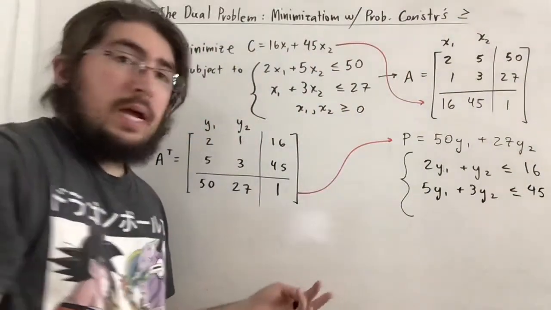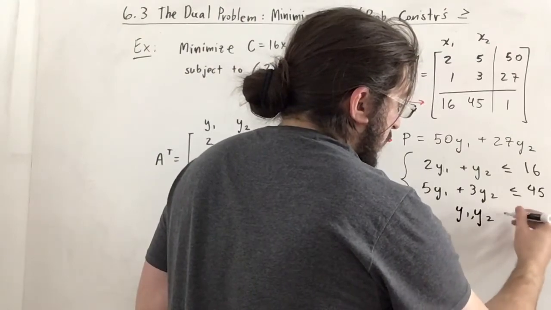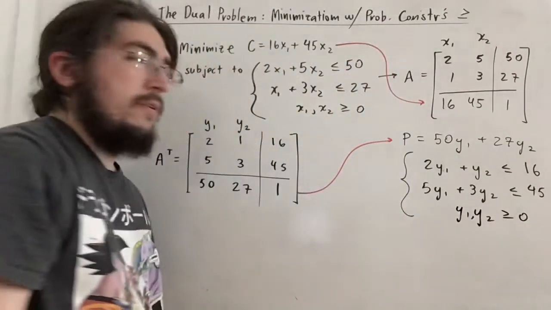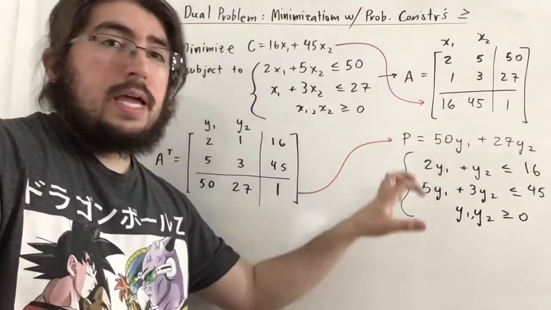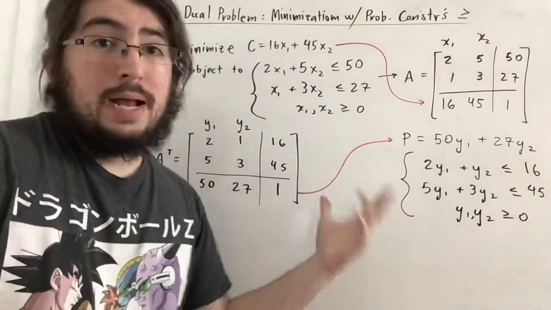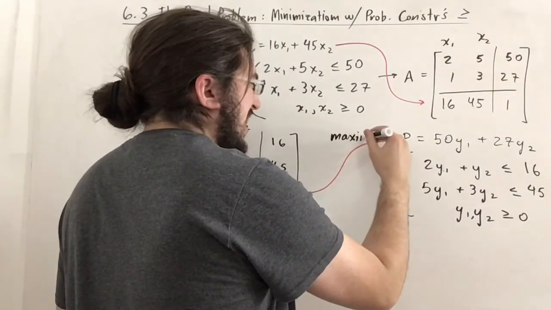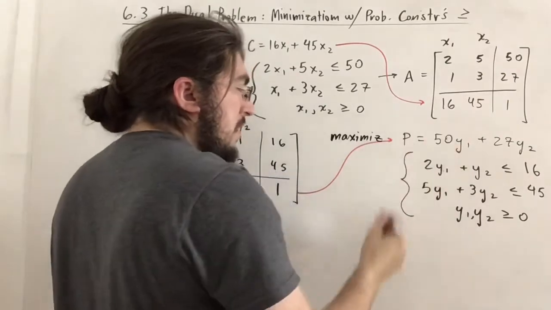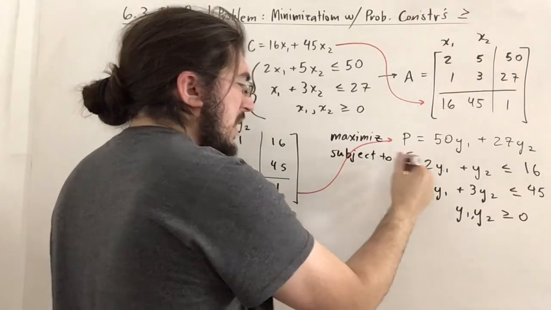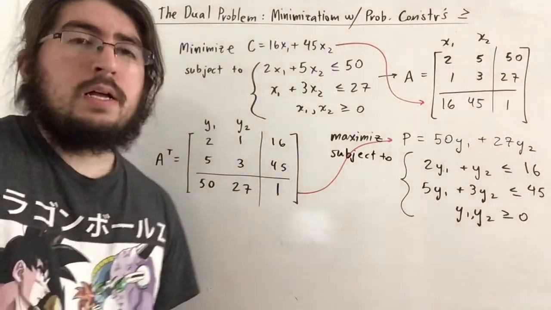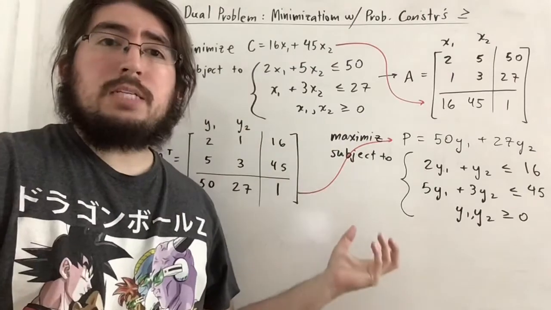And of course we also have those non-negative constraints: y1 and y2, the only variables we have here, are greater than or equal to 0. Notice when I converted this back into a problem, now it's a maximization problem. So now we'll say maximize instead of minimize this P function subject to these constraints with y1 and y2. This is exactly how we're going to convert a minimization problem into a maximization problem.